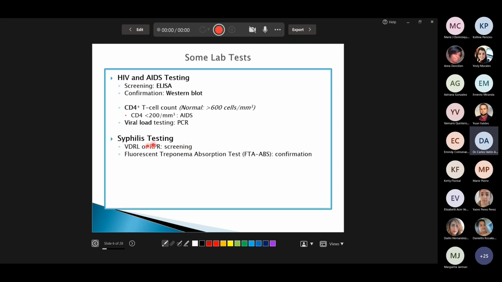If this test is positive, the same as with the ELISA, it needs to be confirmed with a more specific test called the FTA-ABS, or fluorescent treponemal antibody absorption test, which is the confirmation. Both tests have been present in questions in your NCLEX.